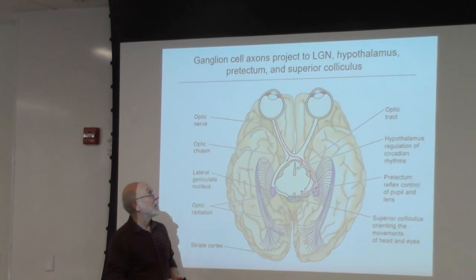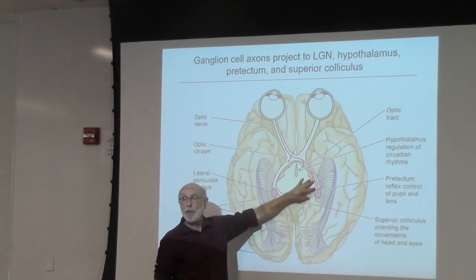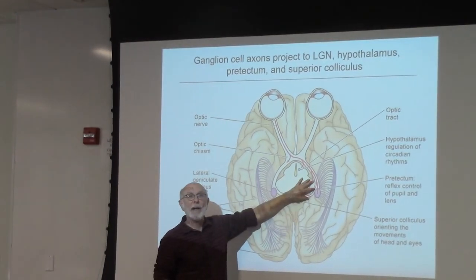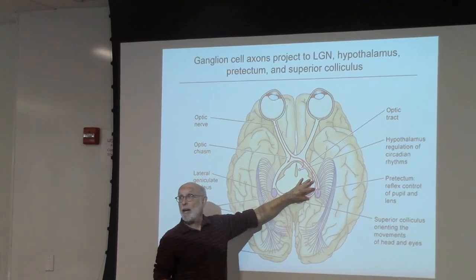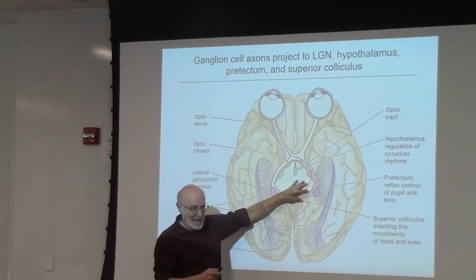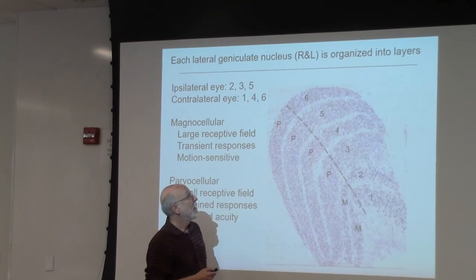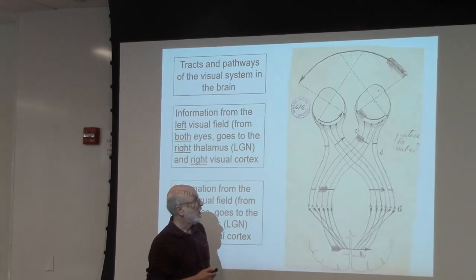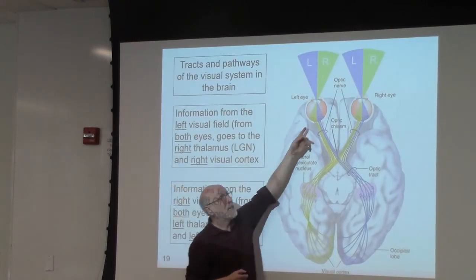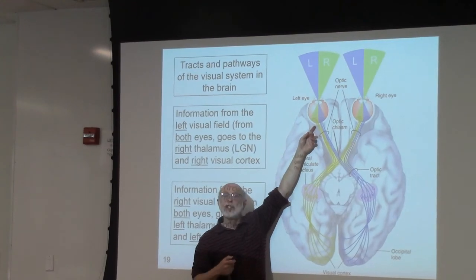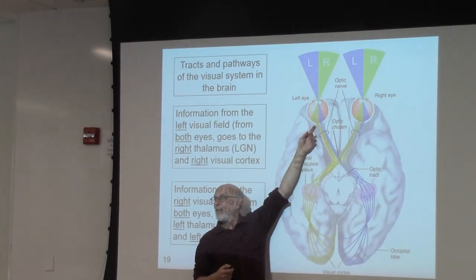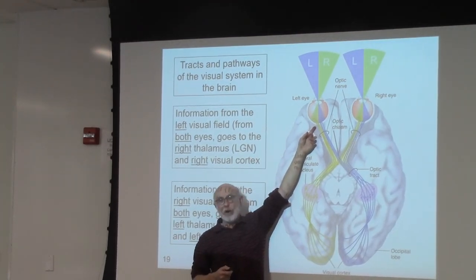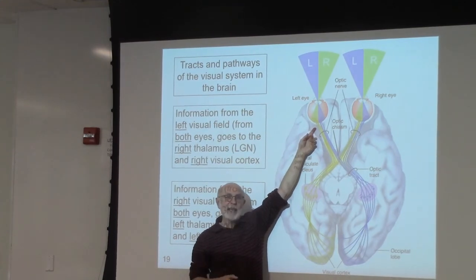And here's the interesting thing. Some of this information to this part of the brain doesn't even require photoreceptor cells, because there is a class, and I will never test you on this, there is a class of ganglion cells that are intrinsically photosensitive. They're called intrinsically photosensitive ganglion cells.